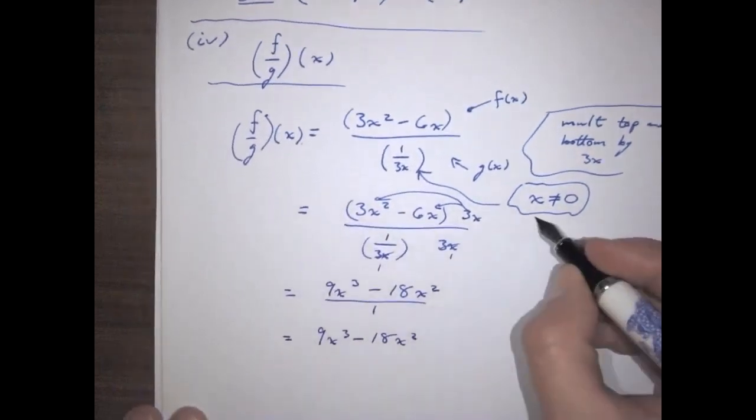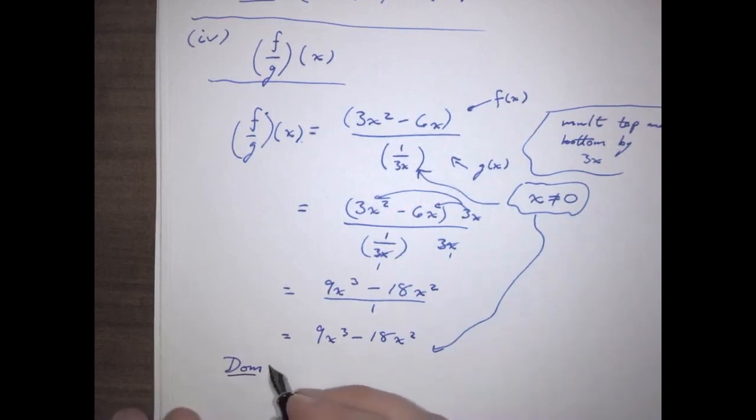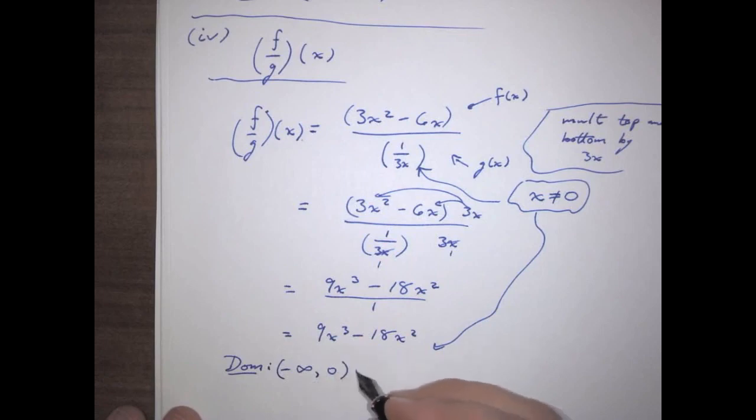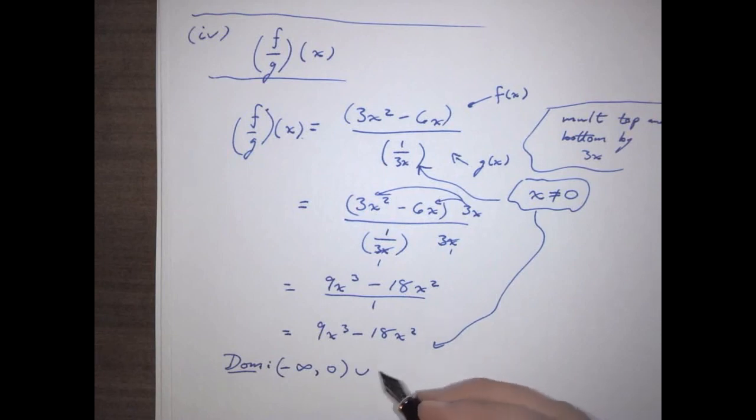And here, once again, because of the domain issue at actually an earlier stage of the simplification, not where we ended up, but where we started, we still have to be careful to forbid the value of 0. And the reason, again, is what this technically represents is the formula for f divided by the formula for g, which means that if g happens to be undefined at something like x equals 0, then so will the composition be, or the combination, I should say.